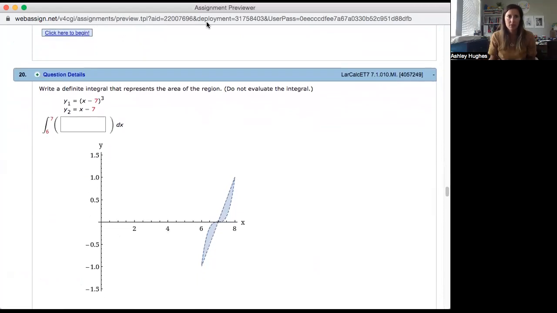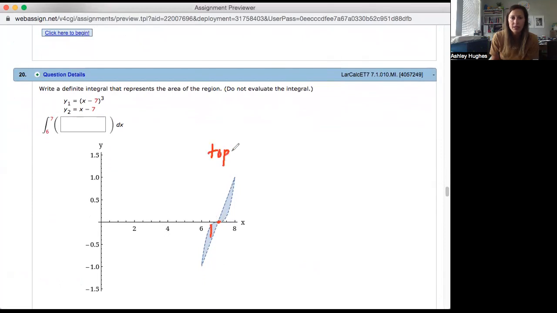Okay, for this one, we need to break apart the interval because we can see the top function changes. So it looks like we're going from 6 to 7. The top minus the bottom.